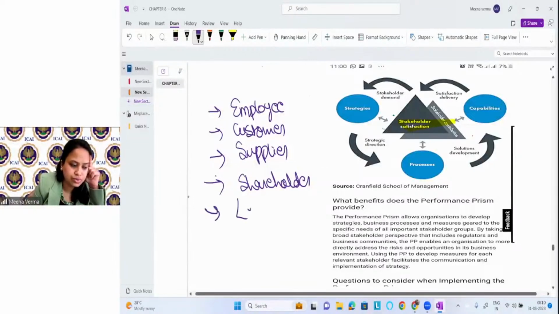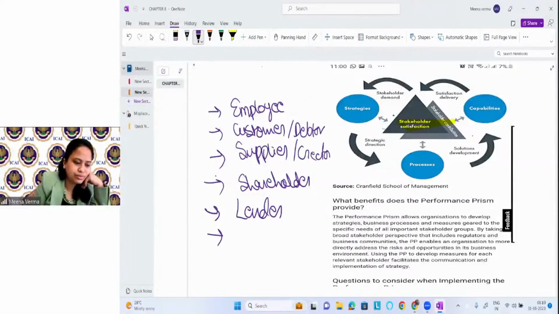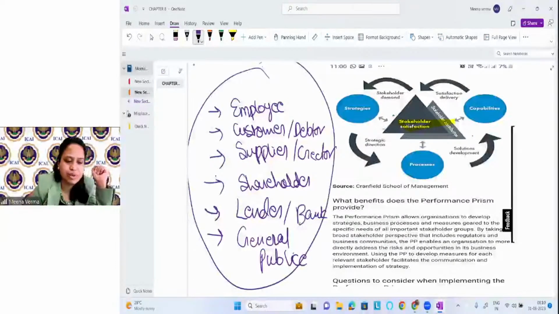Lender is one of the stakeholders. Debtor, creditor, bank will come here. General public. These are all stakeholders of the company.